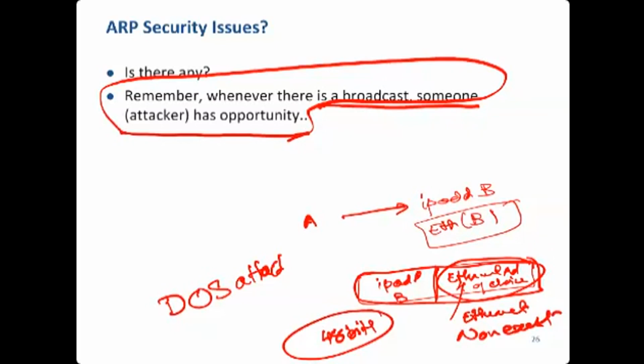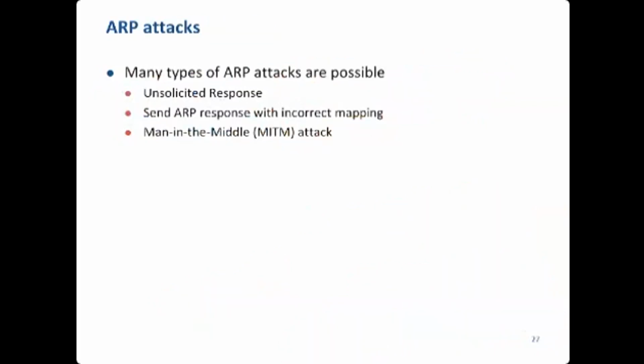What other malicious thing can it do? Can it do a man in the middle attack? It responds back with its own Ethernet address. Okay, these are the possibilities, right?